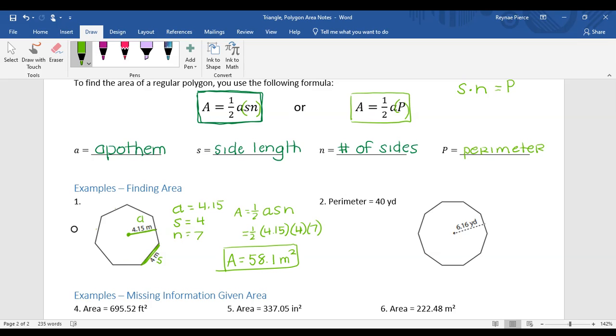Now this one, I'm given my perimeter, so we're going to use that second equation. My perimeter is 40. My apothem, from the center to one side, is 6.16. So in that A equals 1/2 AP, those two numbers are going to replace my two variables.